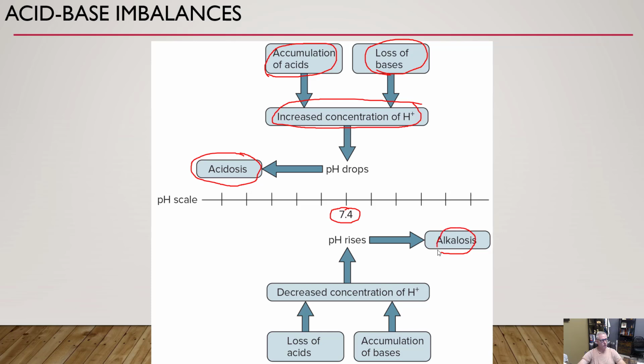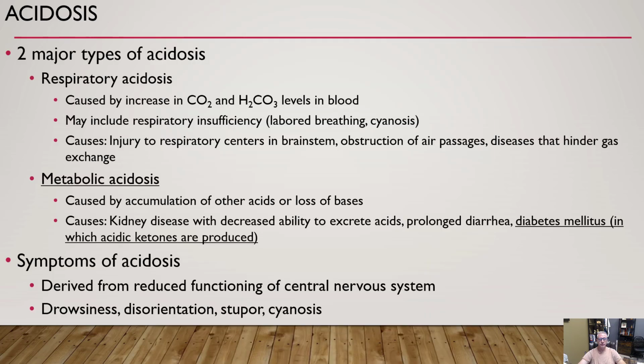And for alkalosis, we have a decreased hydrogen ion concentration because we've lost acid or we have too much base. Now, I said that we have two different types of acidosis, metabolic acidosis and respiratory acidosis.